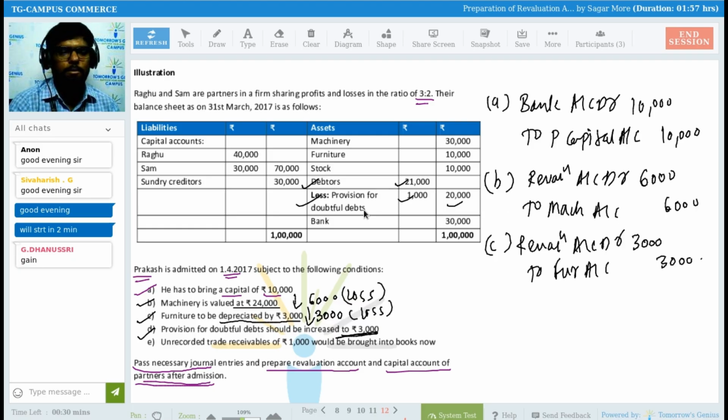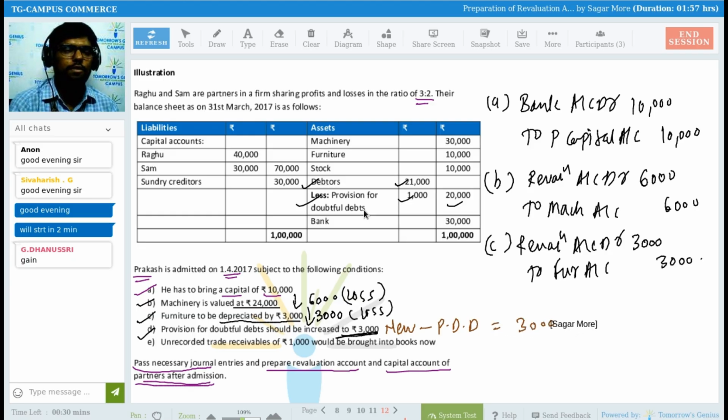Now they are saying the provision for doubtful debt should be increased to 3,000. So they are saying the correct provision for doubtful debt is 3,000 rupees. 'To' means new value. So the new value of provision for doubtful debt is 3,000.